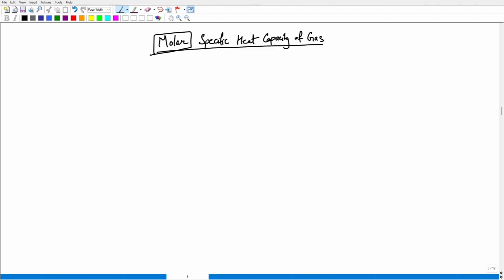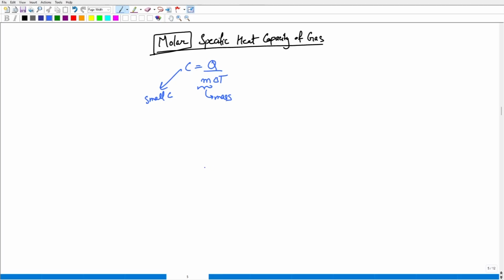So currently the small c we have defined to be Q by m into delta T. So that is in terms of mass. This is small c. Keep this in mind, it is just a symbol, nothing else.